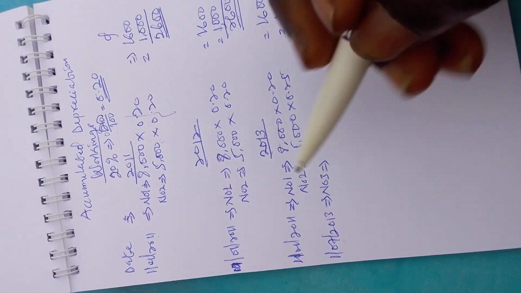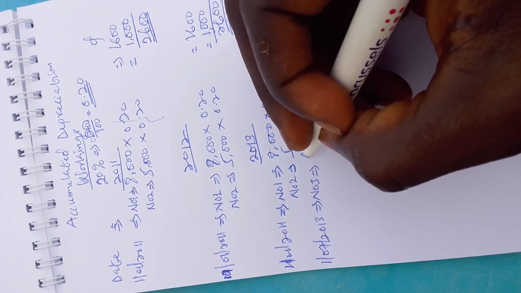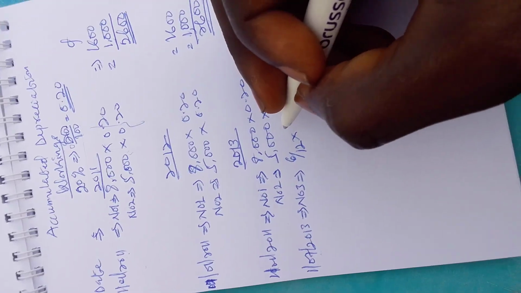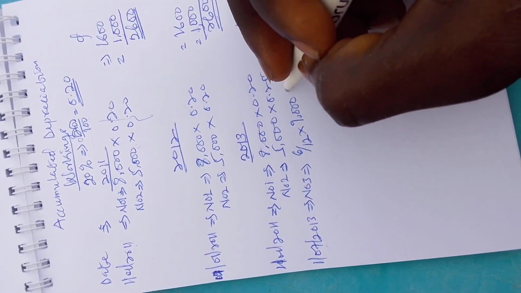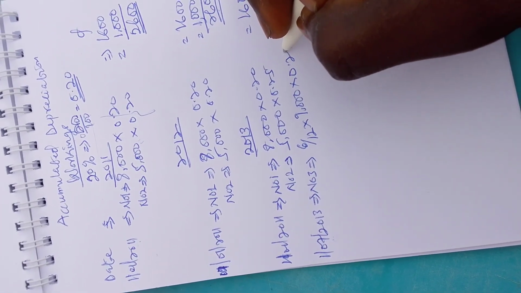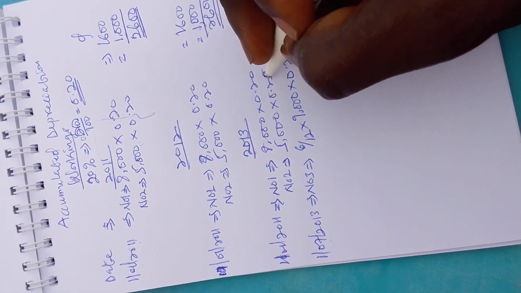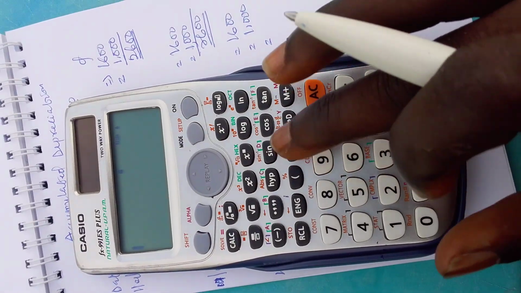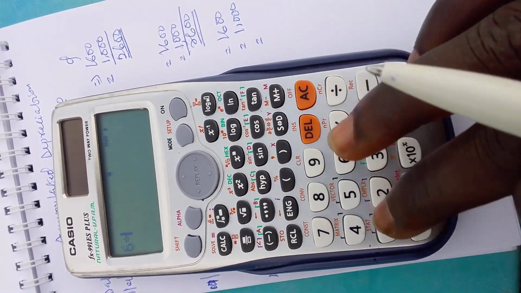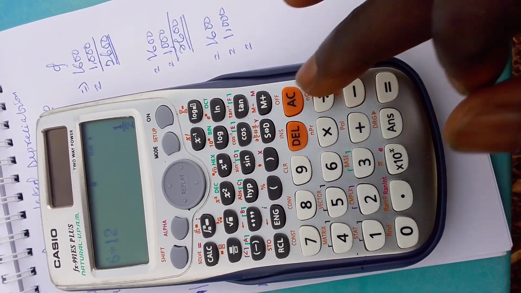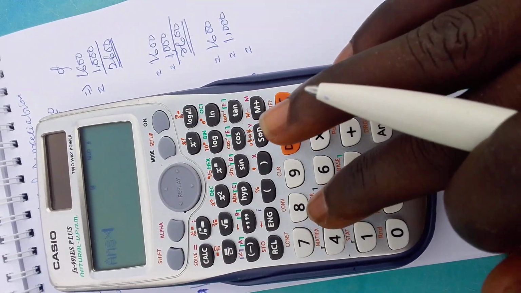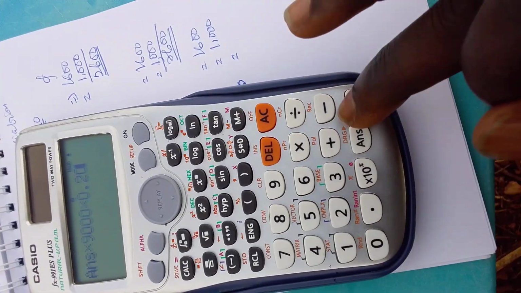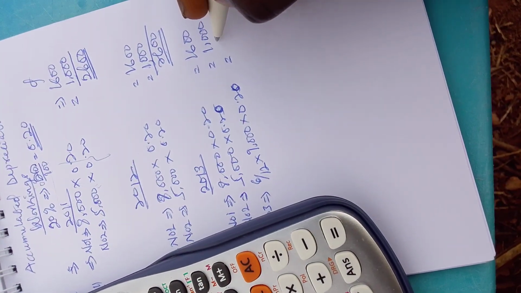This is how we do it: 6 on 12 multiplied by the amount the asset was bought for, which was 9,000, multiplied by 0.20. Let's use the calculator. 6 divided by 12 is 0.5, multiplied by 9,000, multiplied by 0.20, which gives us 900.